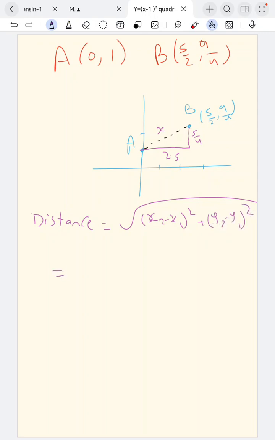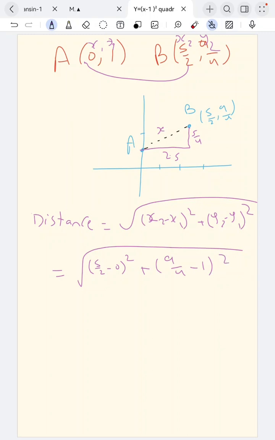This is x1, y1, and x2, y2. Then you do the square root of x2 minus x1, which is 5/2 minus 0, all squared, plus y2 minus y1, 9/4 minus 1, all squared. And then you're going to get the same distance, same steps.